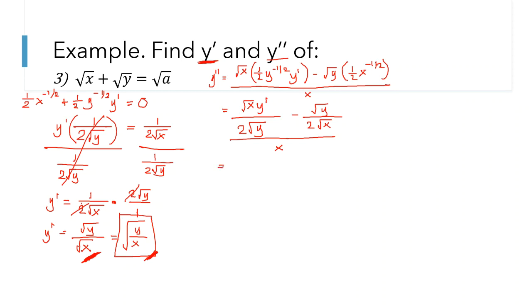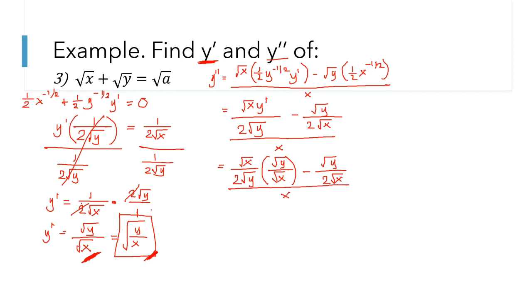So we have square root of x over 2 square root of y times the value of our y prime, which is square root of y over square root of x, minus square root of y over 2 square root of x all over x.